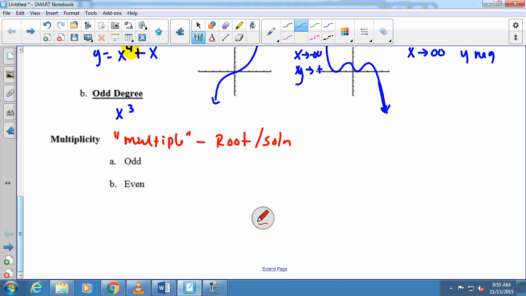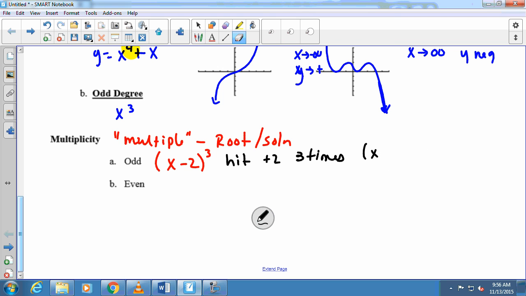So if I have something that's going to happen multiple times and it's odd, it might be something like this. It happens 3 times that it hits +2. You might ask, well, how are you getting 3 times? Well, if I go ahead and expand out that cube, it's x minus 2, another x minus 2, and yet a third x minus 2.